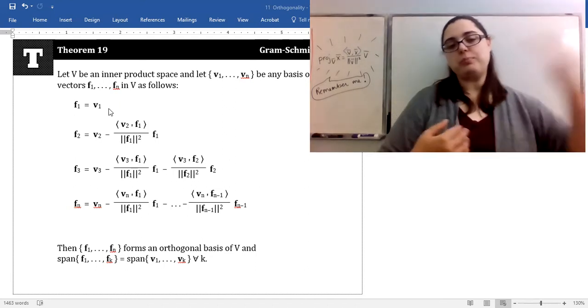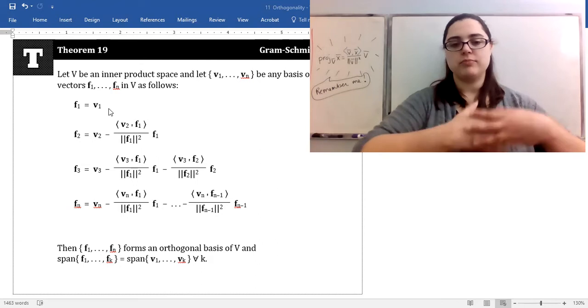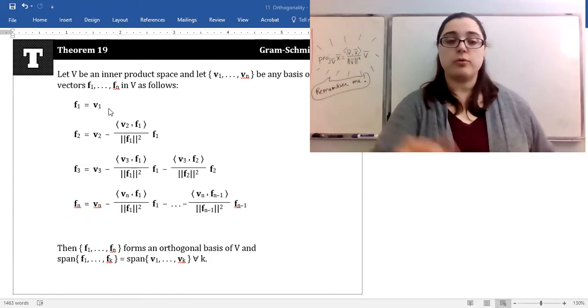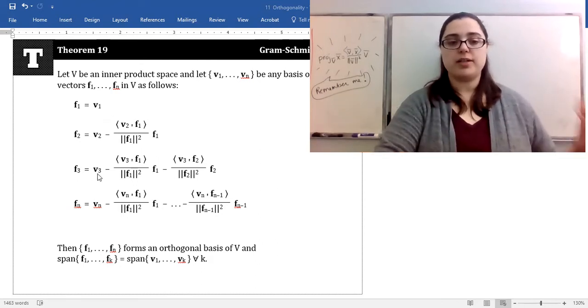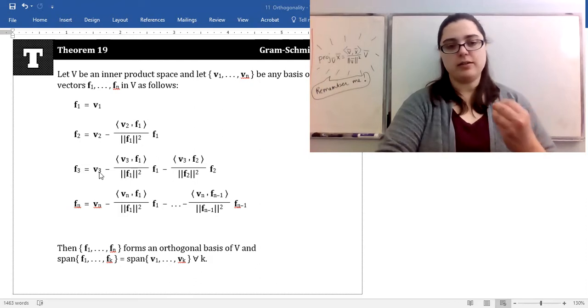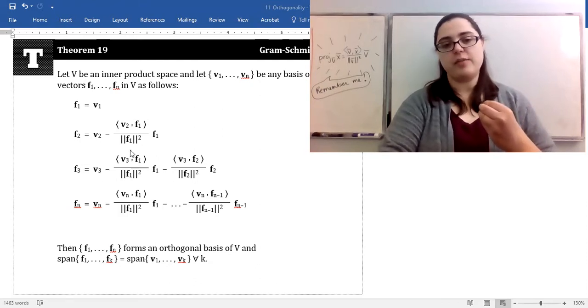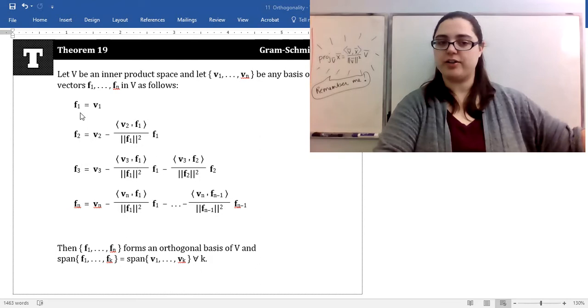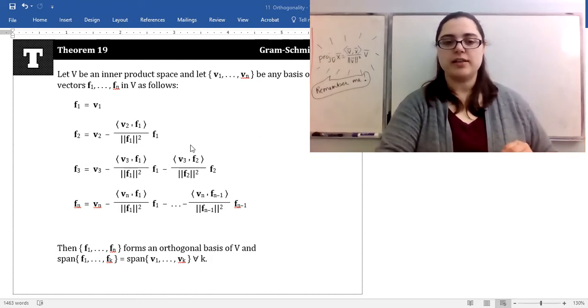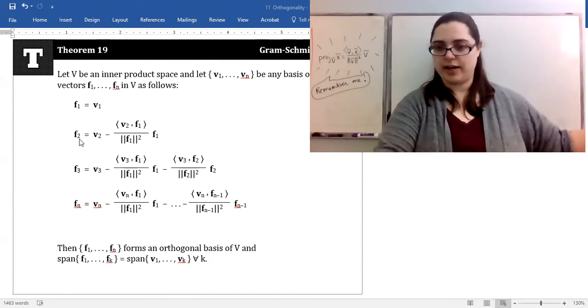And then we're going to repeat this process until we get to the end. For example, for the third one, I'm going to take my third vector in my set, subtract off the piece that lives on that first vector I've created, and then subtract off the piece that lives on the second vector that I created.